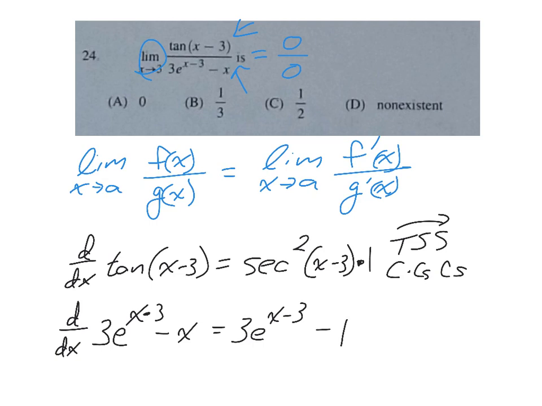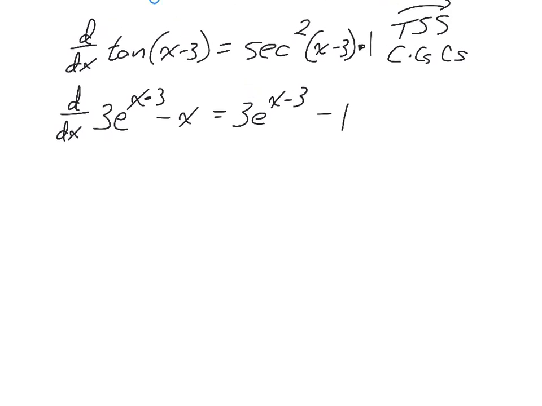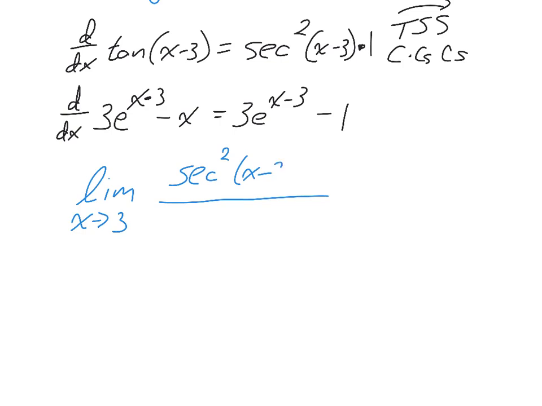So now, let's slide that up. I want to see those. Now I can take the limit as x approaches 3 of secant squared x minus 3 over 3 e to the x minus 3 minus 1.